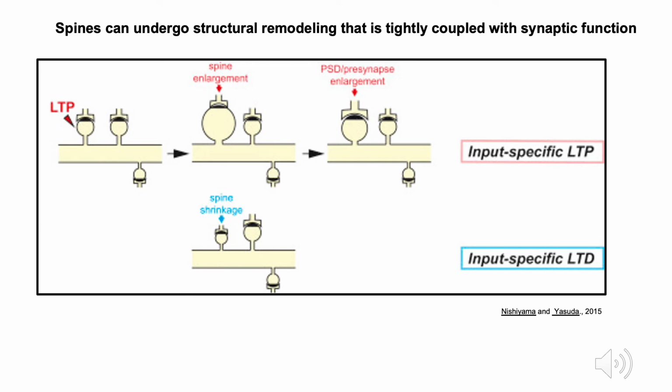Many studies have demonstrated that LTP and LTD are associated with spine enlargement and shrinkage, respectively. In fact, a change in spine volume has been considered to be an important substrate of synaptic plasticity.